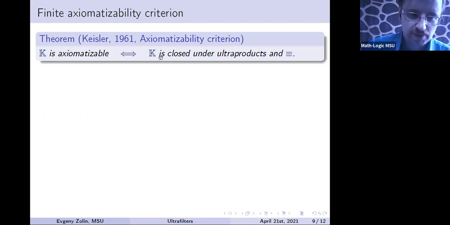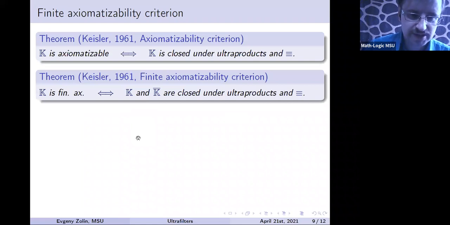So this was our previous theorem, just to compare. The new theorem says the class K is finitely axiomatizable if both the class K and its complement satisfy the previous theorem. So we can write: K and its complement are axiomatizable.